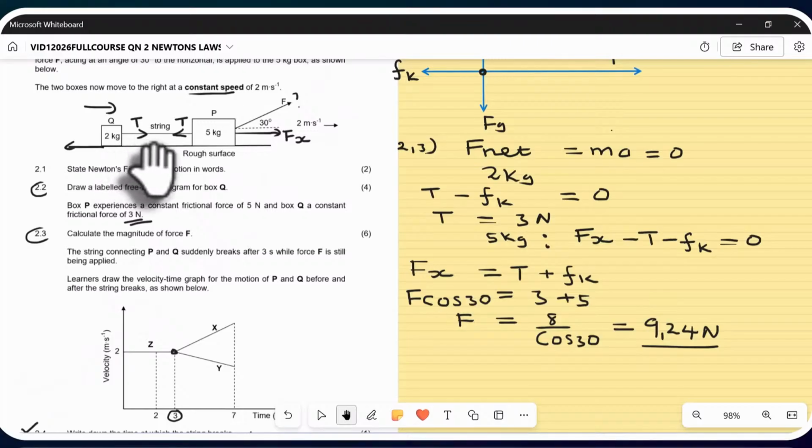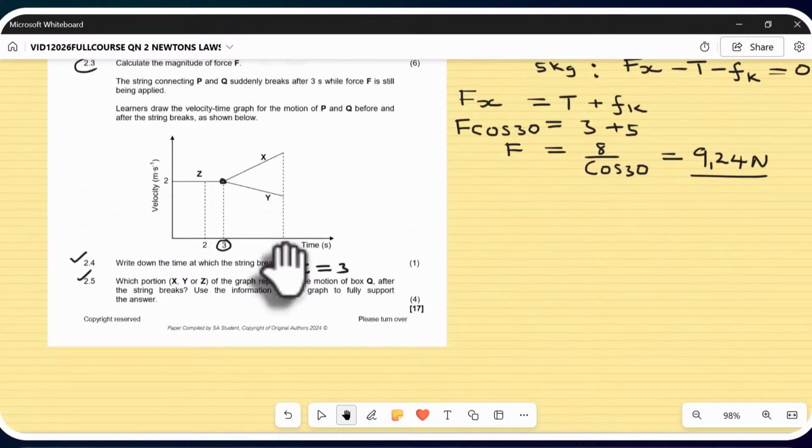Acceleration is now in the opposite direction, and so because of this, velocity decreases. Velocity decreases as seen on the graph of y.